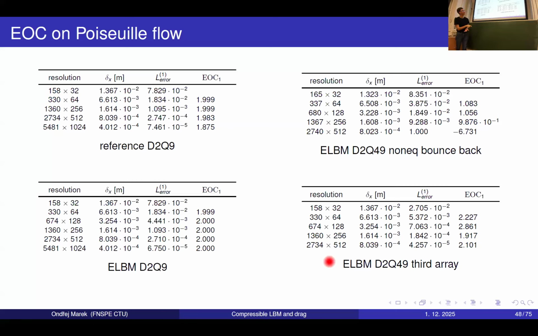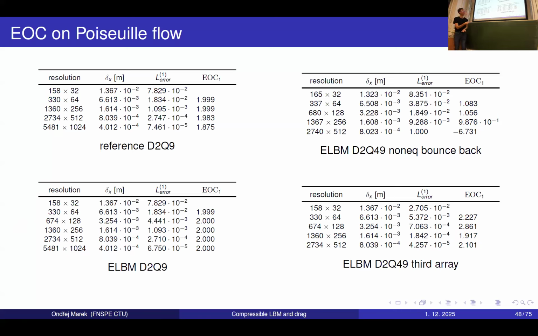And the D2Q49 model is more chaotic than this one, or this one. But even for a smaller resolution, here 5,000 times 1,000, it gives the same L1 error.